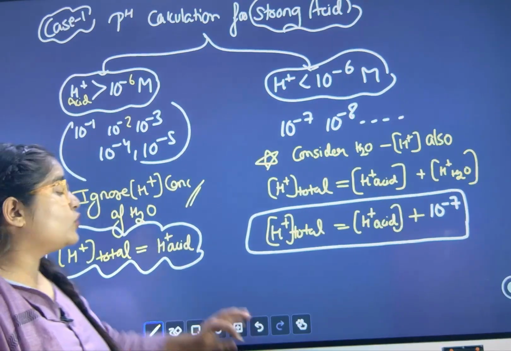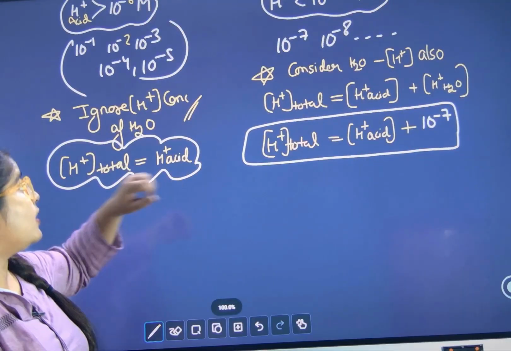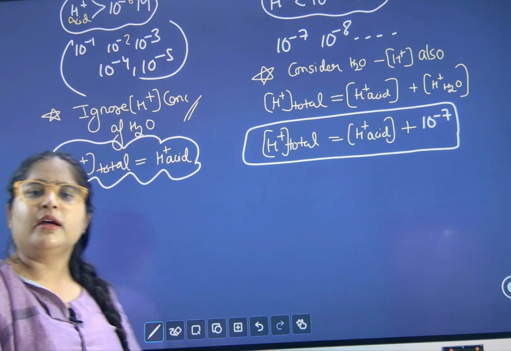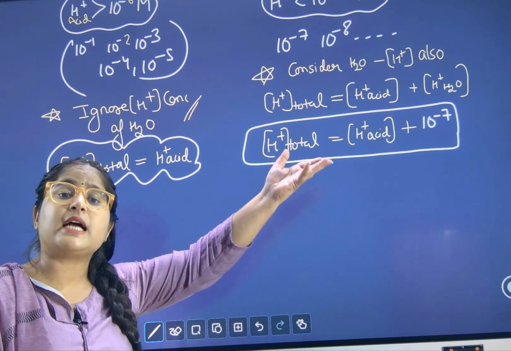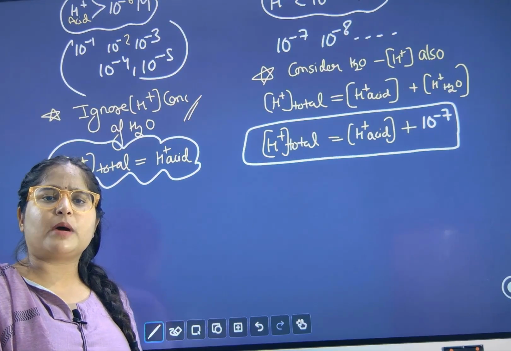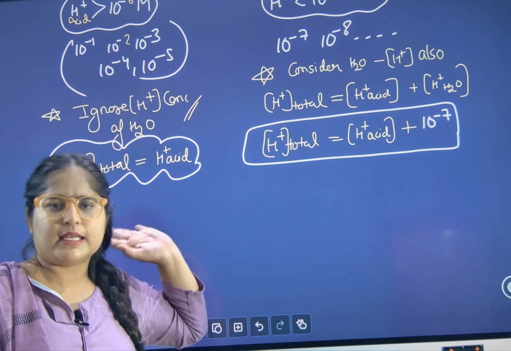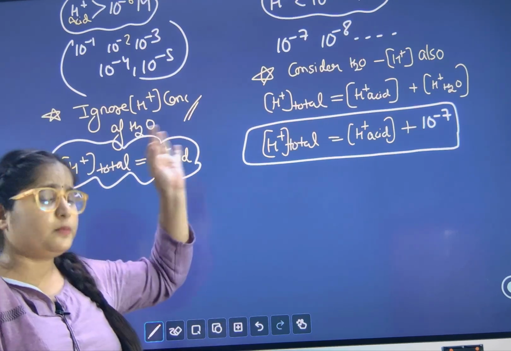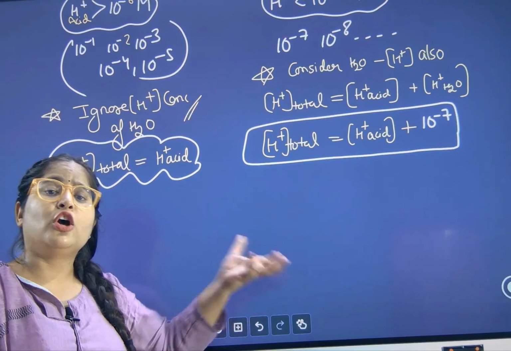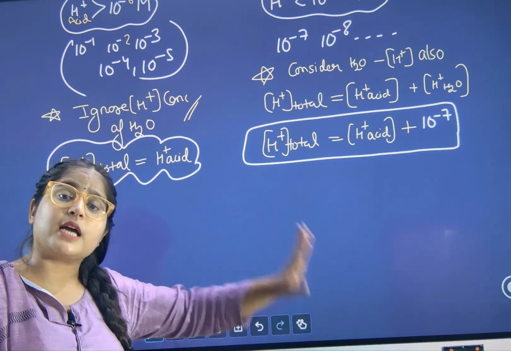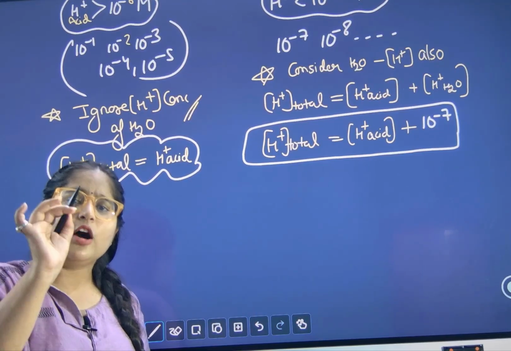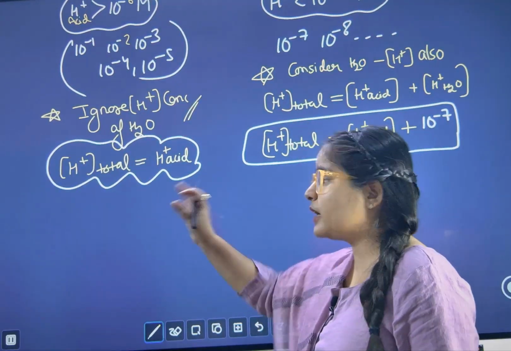So what are the two star points you have to remember for strong acid? We have two cases. If H ion is greater than 10 to the power minus 6, total H ion is equal to H ion of acid. But if H ion is less than 10 to the power minus 6, then total H ion will be equal to H ion of acid plus 10 to the power minus 7, that is H ion of water. Clear?